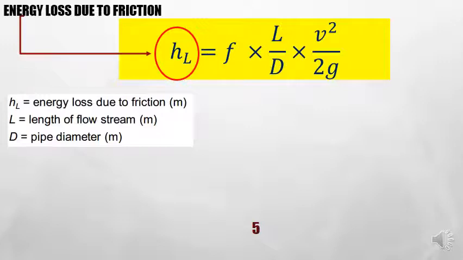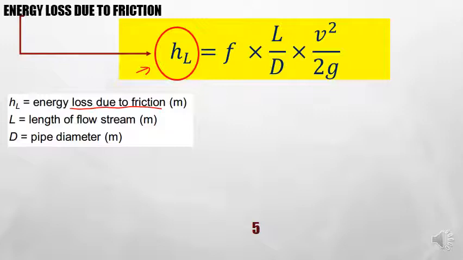If you still remember in a previous chapter, when we learned about the energy equation, we did have this term in the equation, which refers to energy loss due to friction. So in this chapter, we're going to concentrate on how to calculate this parameter.